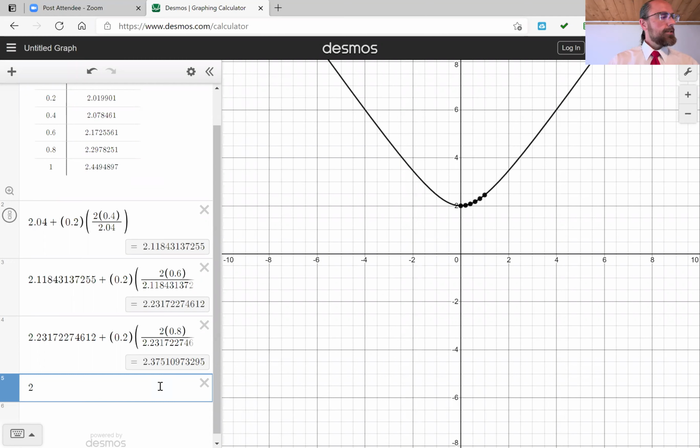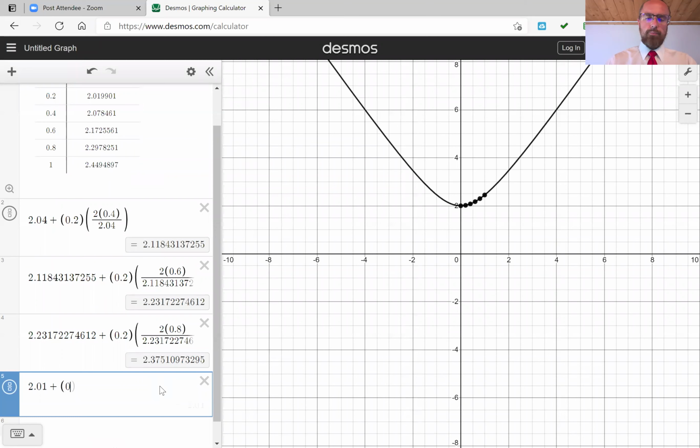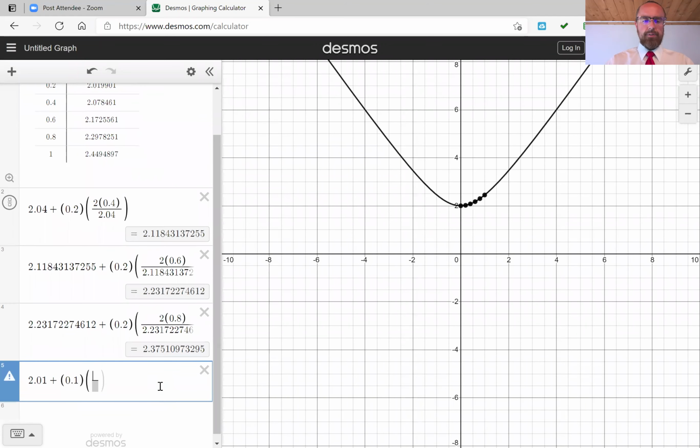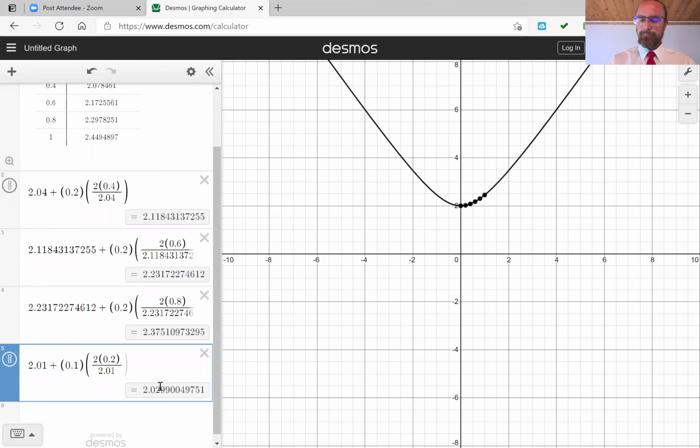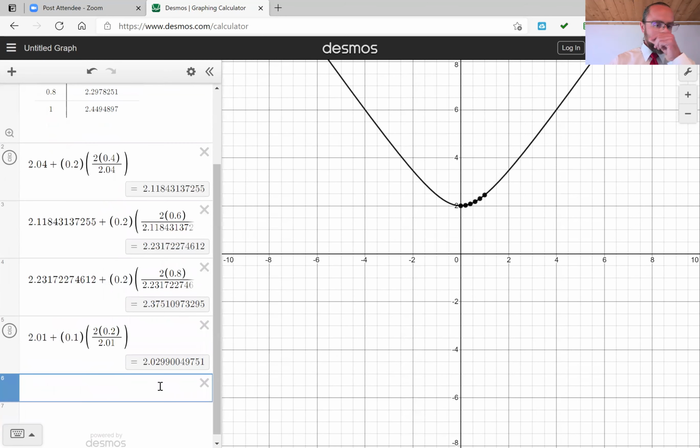So y sub 3 is going to be the previous term, 2.01, plus the step value of 0.1, times the function 2, our x value there is 0.2, all over 2.01. And that's going to give us a value of 2.030 if we were to round, or 2.0299.